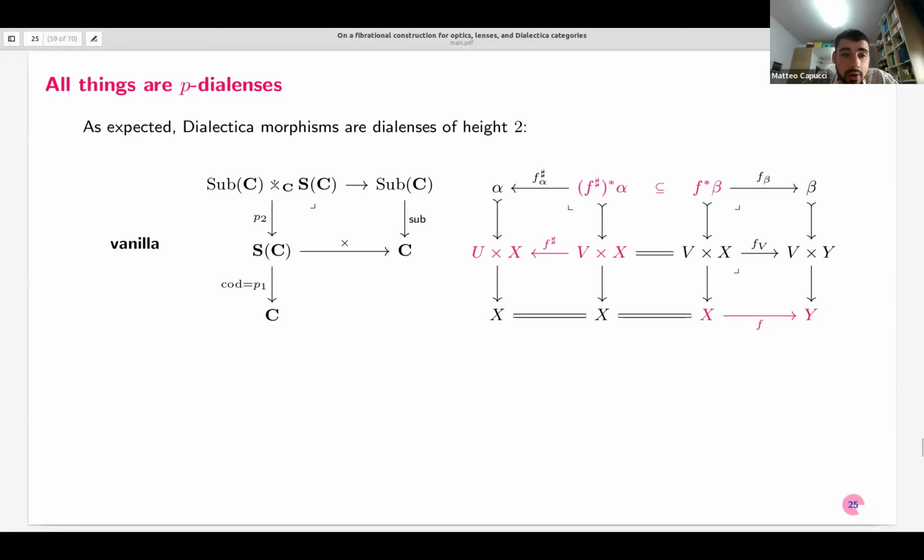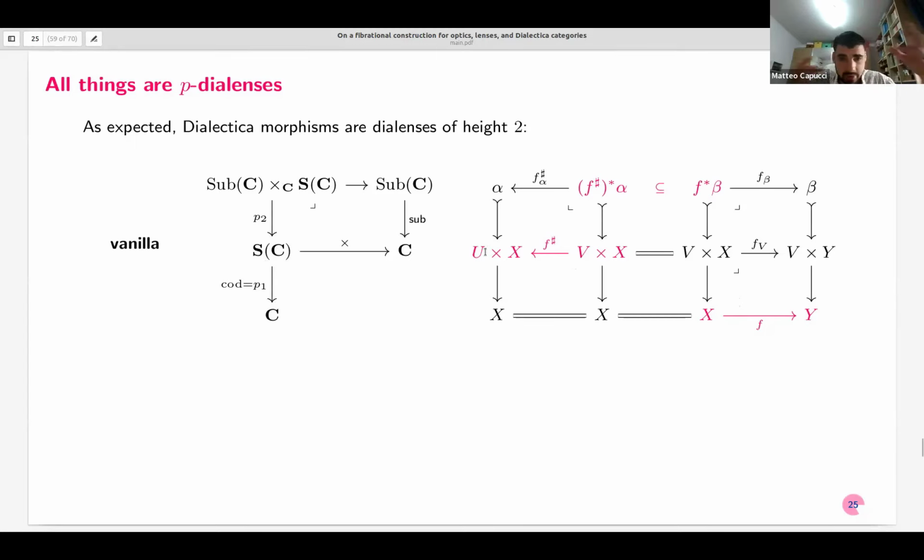So first of all, we need to construct these two fibrations here, this tower of fibrations. And the way we do that is sort of by reading the definition of dialectica and saying, okay, at the bottommost level, we're going to have objects and morphisms in C, the Cartesian monoidal category we start with. And then what do we have on top? We have the simple fibration, because then we're looking at simple lenses basically there, right?